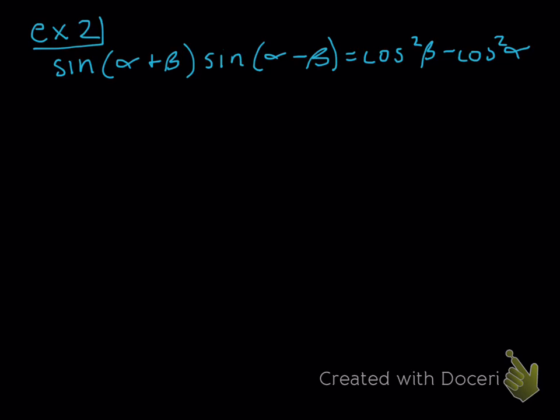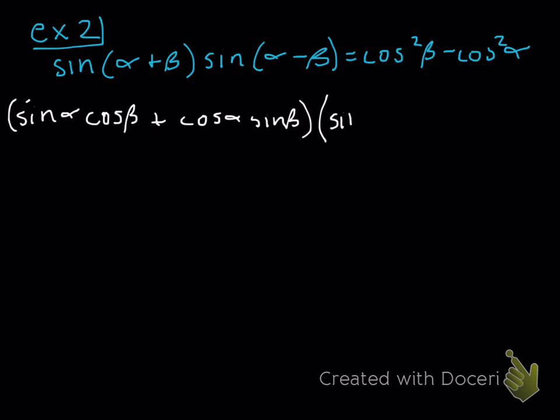So sine of alpha plus beta is going to be replaced with sine of alpha cosine beta plus cosine alpha sine of beta. And then we're multiplying this with what sine of alpha minus beta is equal to. And essentially it's the same thing. It's just the sign is different. So it's minus, and then it's cosine alpha sine of beta.